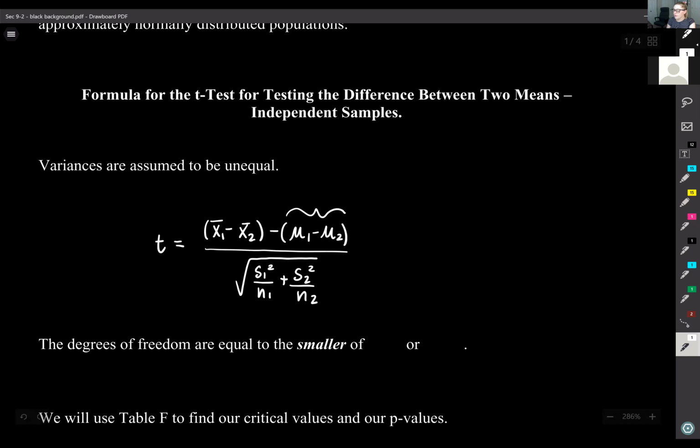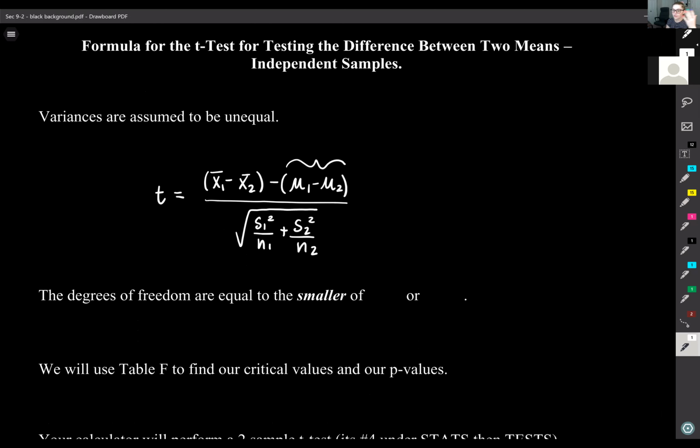If you remember, whenever we do a t-test, we use degrees of freedom. This brings up an interesting point: if you have two different samples, what if they're not the same size? Whenever we did degrees of freedom before, we used one less than the sample size. But what if you have two samples of two different sizes? How do you decide what the degrees of freedom are?